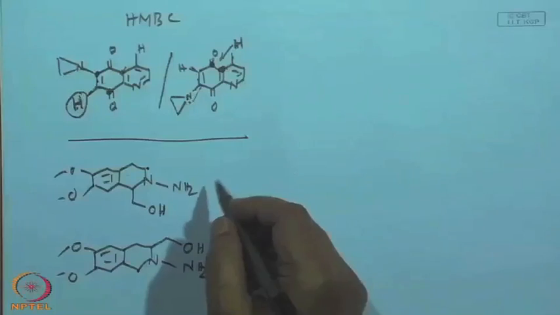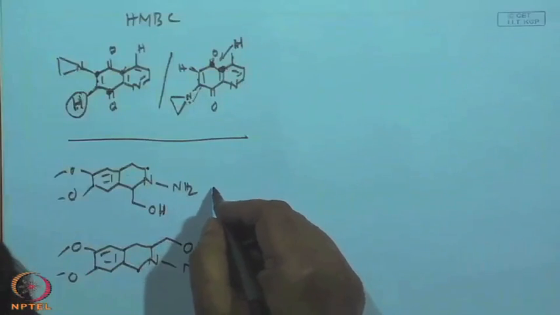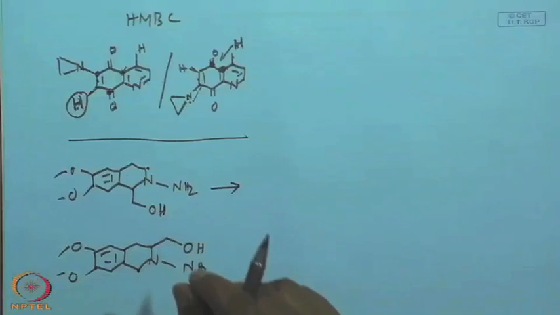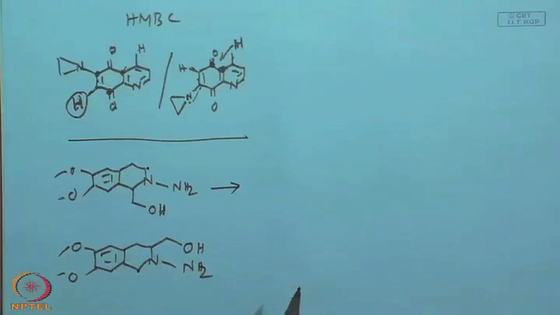Or I can straight away ask you this question. Just do a kind of derivatization so that your NOE study would be more suitable. One of the requirements, as I said, is that the nuclei should be in close proximity.